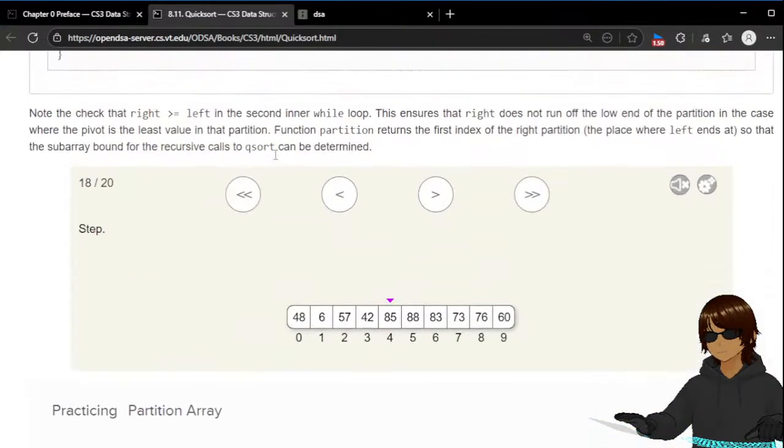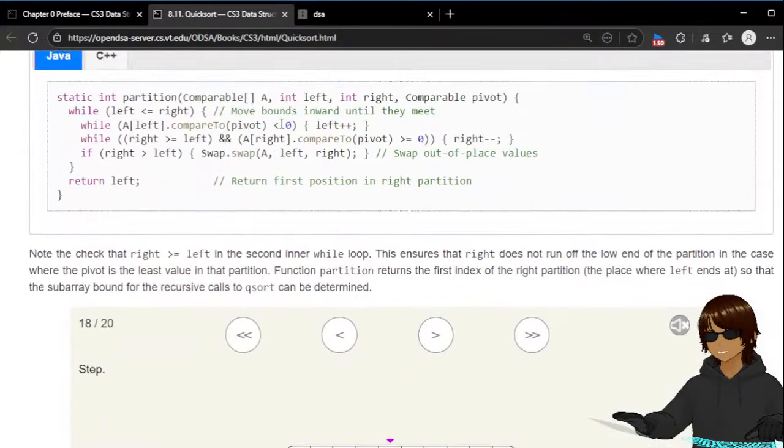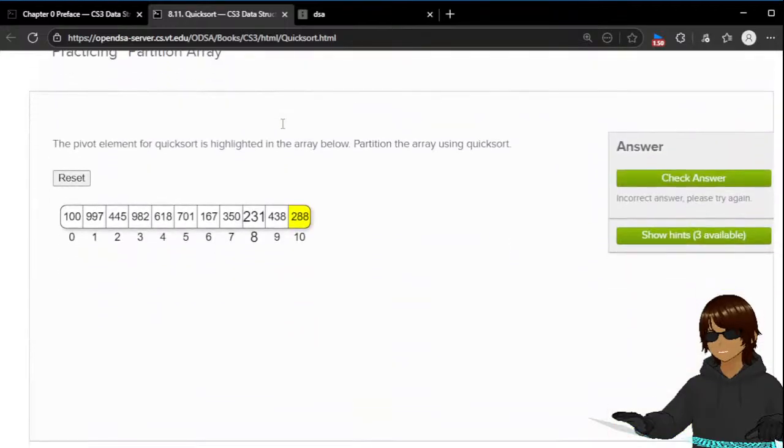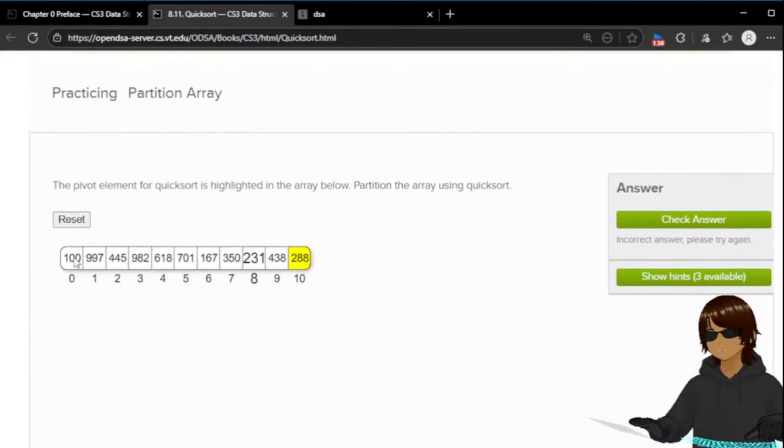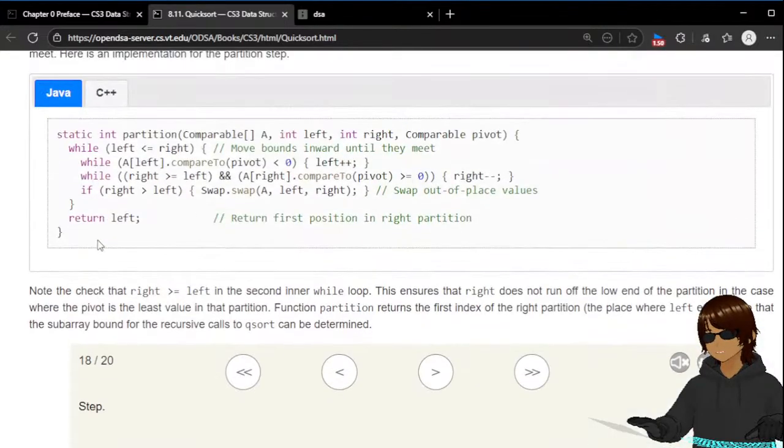So as long as the value is less than 288, keep incrementing. So 100 is less than 288, increment, and then we end up with 997 at position 1. So left points at position 1, and then we go out of the while loop.